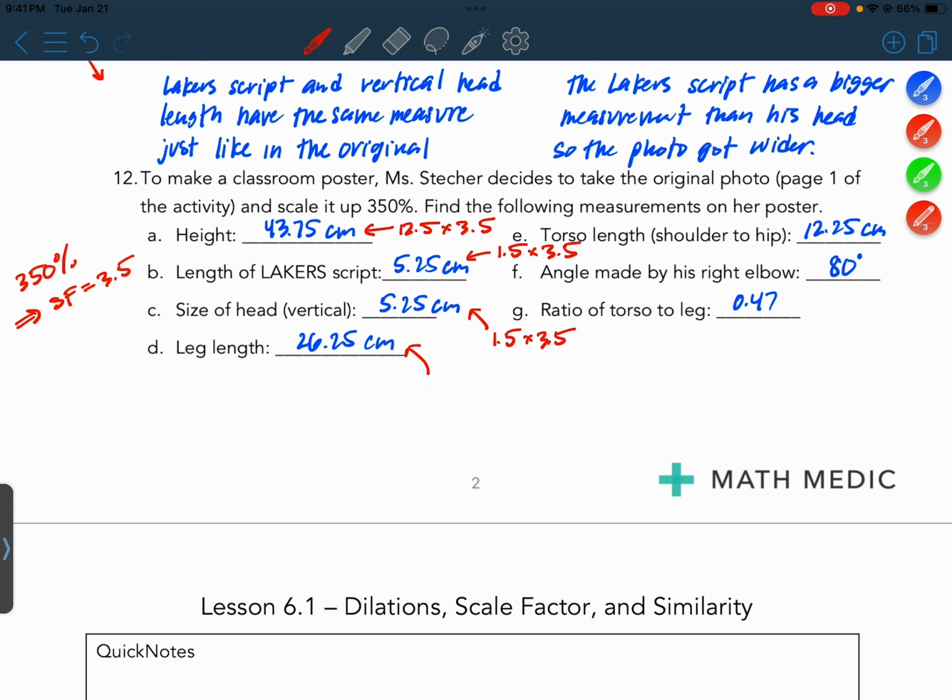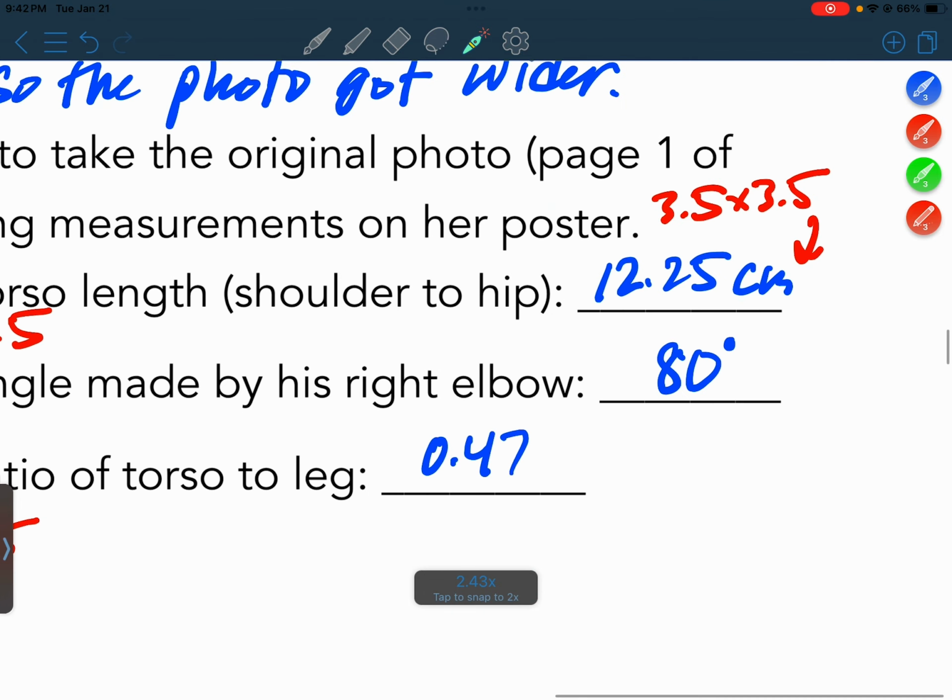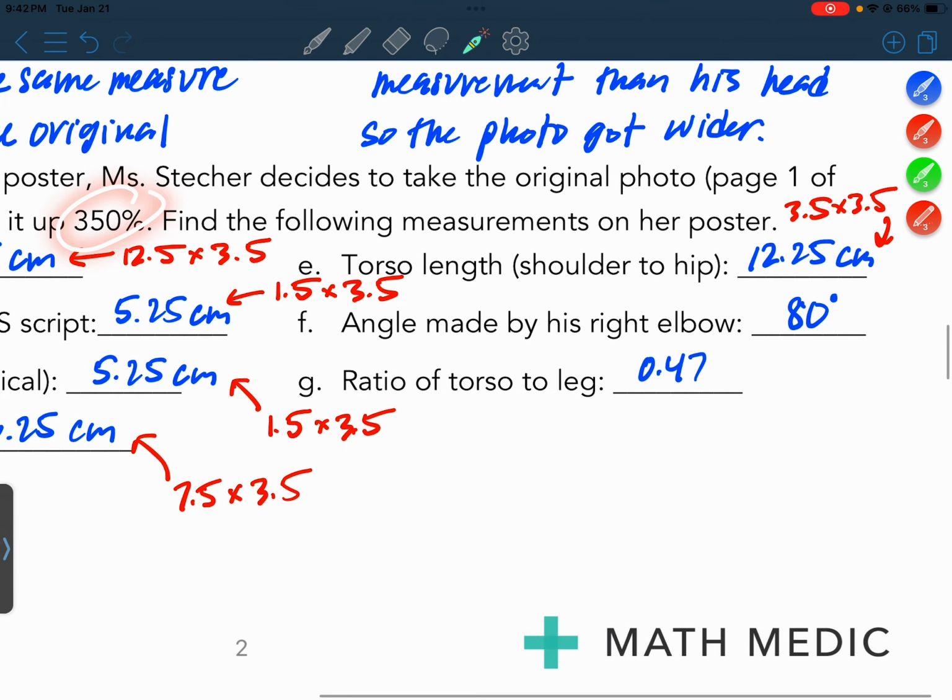For the leg, I had 7.5 centimeters originally, and then on the calculator just multiplied by 3.5. Torso was 3.5, multiplied that by 3.5. So there's two 3.5s there. The first 3.5 represents the original measurement I took, and the other 3.5 represents the scale factor, or this increase of 350%.